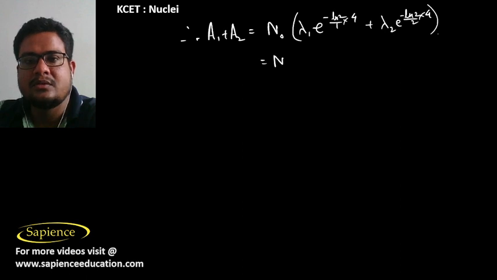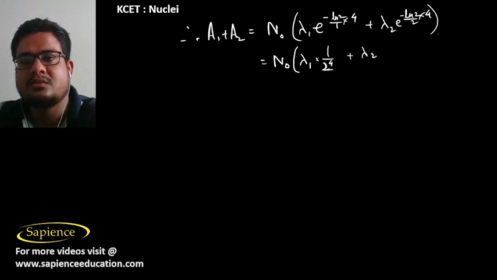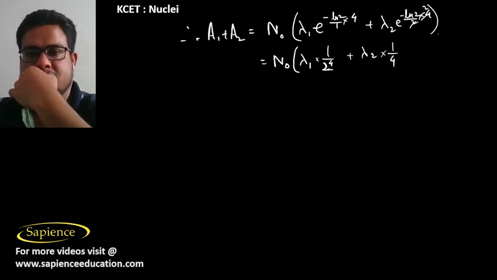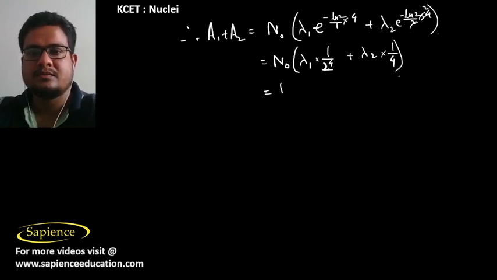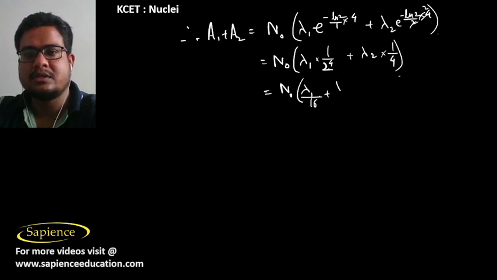This will be n naught into lambda 1 e power minus 4 ln 2, which means e power ln 2 power minus 1 by 2 power 4, plus lambda 2 into the same power, by 4. This is n naught into lambda 1 by 16 plus lambda 2 by 4.